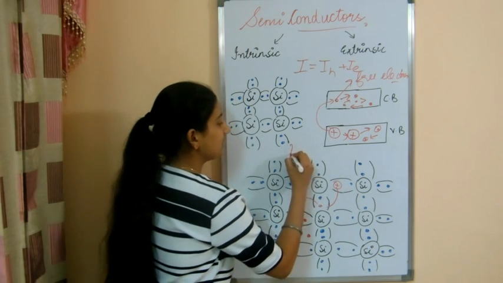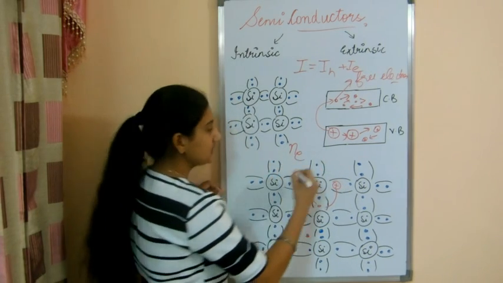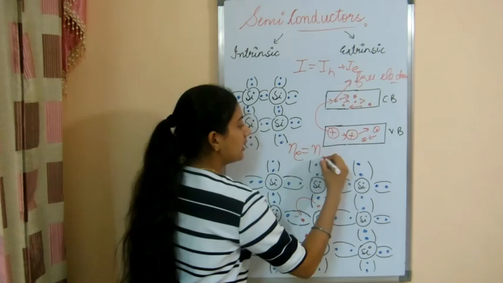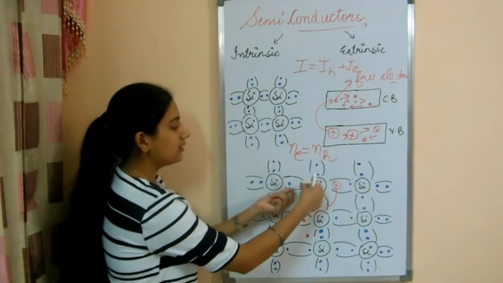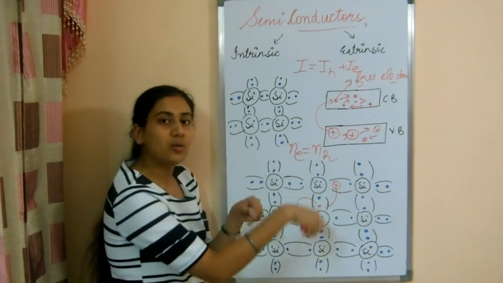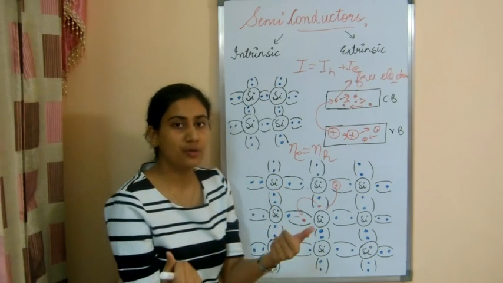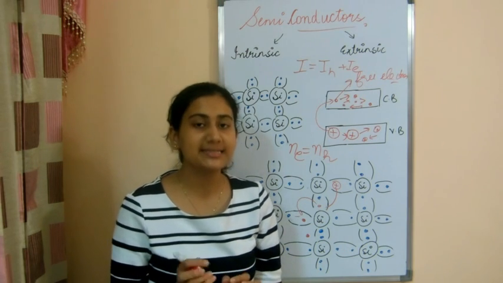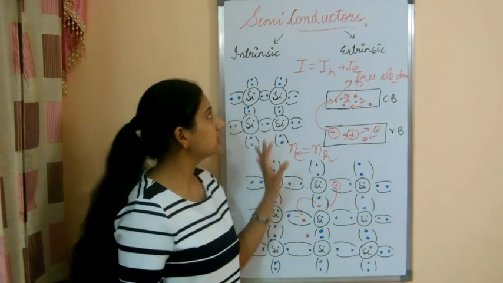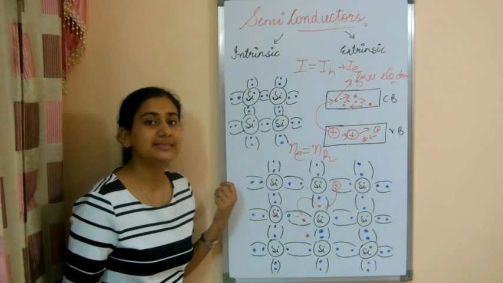So we have seen that the number of free electrons is always equal to the number of holes in intrinsic semiconductors. That is, an electron moves and a hole is created. So free electrons and holes are always equal in number in intrinsic semiconductors. So this is the whole theory of the intrinsic semiconductor.